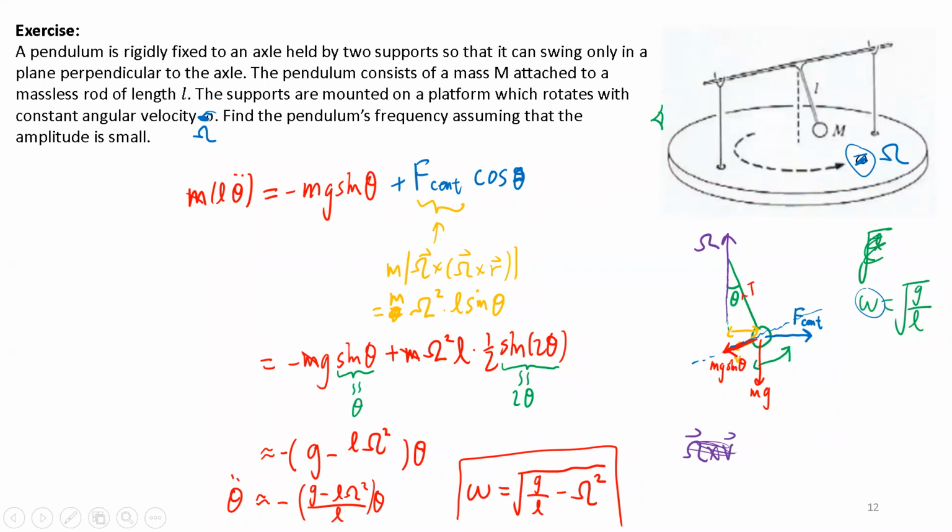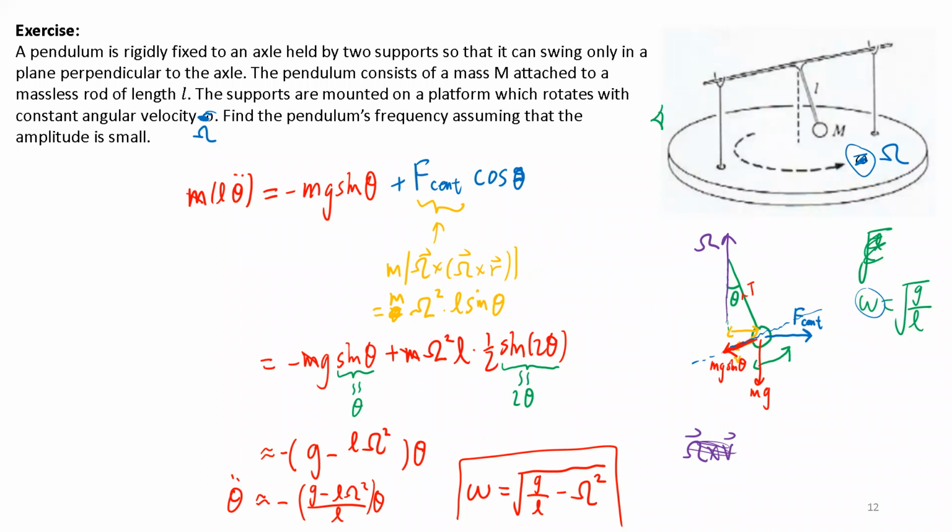It's getting smaller compared to just the square root of g divided by L. The faster you rotate the platform, the smaller the frequency you'll get. That's because the faster you rotate, the stronger the centrifugal force you have, so effectively you have a weaker restoring force for this simple harmonic motion.